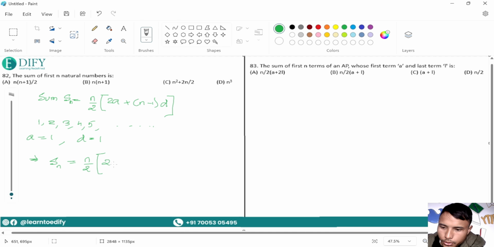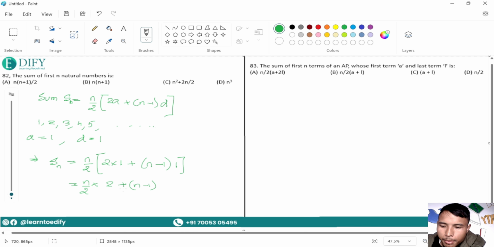And then 2 into a, which we put as 1, plus n minus 1, and d we put as 1. Okay, so n by 2, solving the bracket: 2 into 1 is nothing but 2, plus n minus 1 into 1 is nothing but the same.